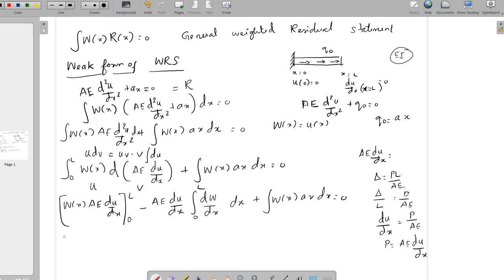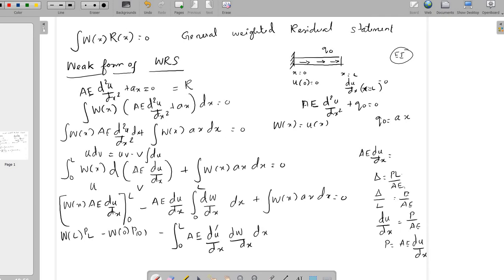So while substituting the upper limit, W(L) P(L) minus W(0) P(0). So I can write the axial load at L and the axial load at the 0th point, minus integral from 0 to L of AE du by dx dw by dx dx.